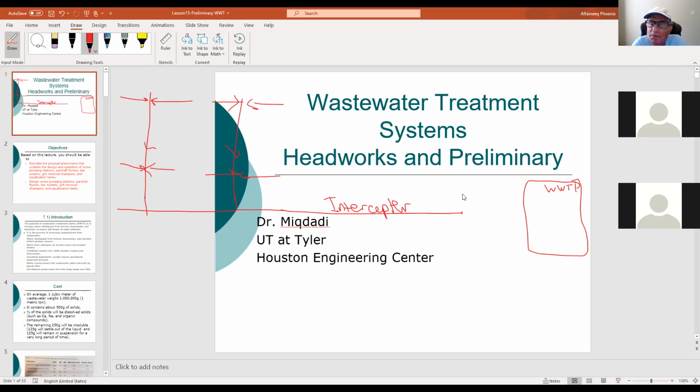It depends where your ground surface is, and here there is a manhole. Sometimes they call it the wet well. It's a manhole, but it's a big one, and the wastewater comes here.